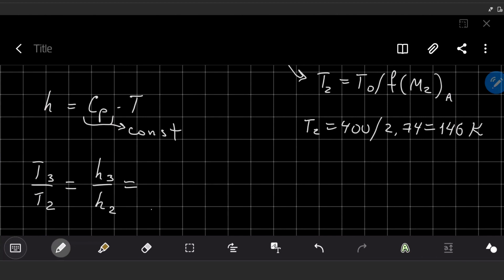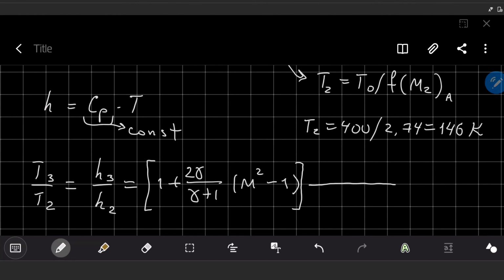This formula to calculate the ratio of temperature consists of two parameters. We have to multiply 1 plus 2 gamma divided by (gamma plus 1) times (M squared minus 1). These formulas are received in chapter 8, and they are precise formulas to calculate the flow properties or properties change on the shock wave, and they are analytical formulas.